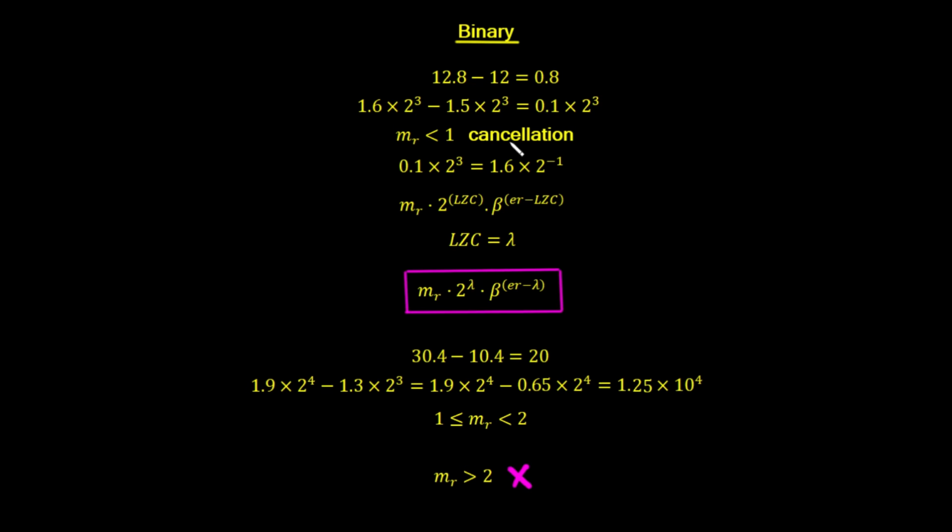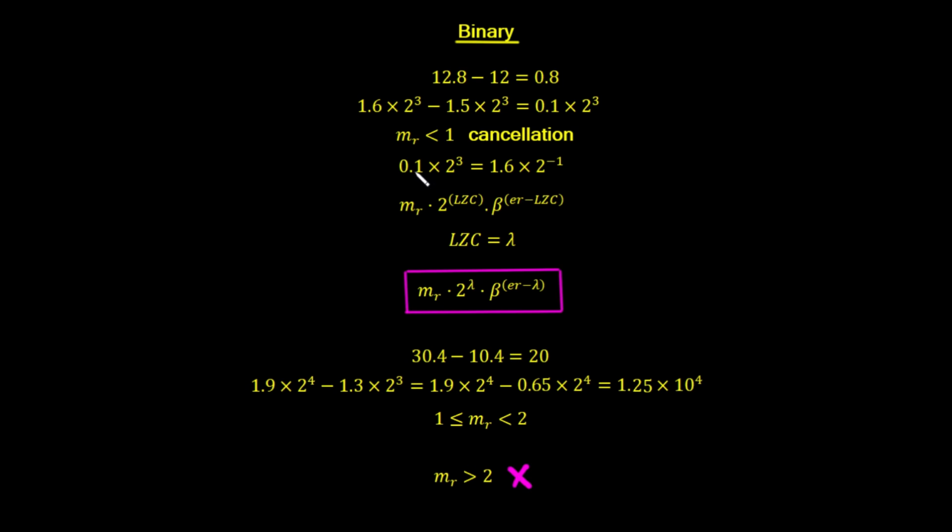So it means we're going to have to normalise this result because we want a number here that's greater than or equal to 1 and less than 2. So how do we take this number here and generate a number which is greater than or equal to 1 and less than 2? Well, in order to increase this mantissa, we can only increase it by doubling it each time because we're using binary.